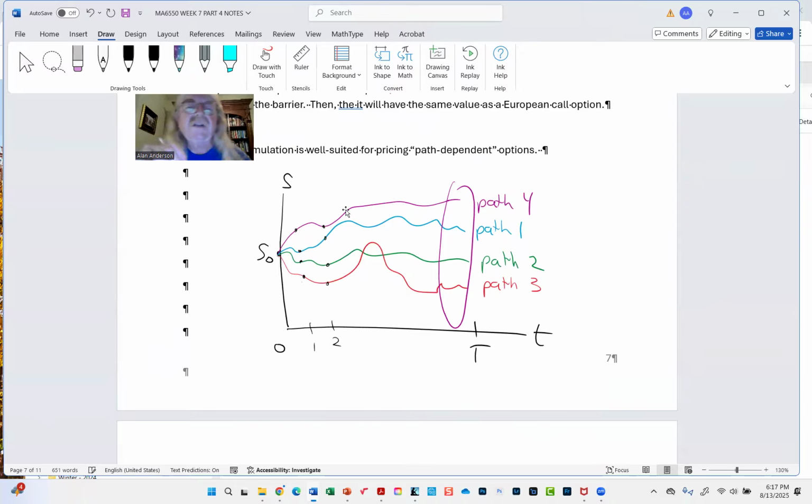The path isn't going directly from today to time T. We stop along the way. We have new results. It's one of the reasons why it takes so long. Imagine this is only 4 paths. Imagine if I needed 4 million paths.